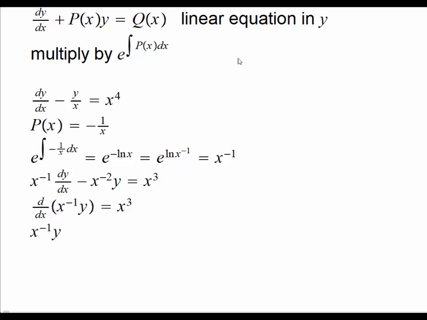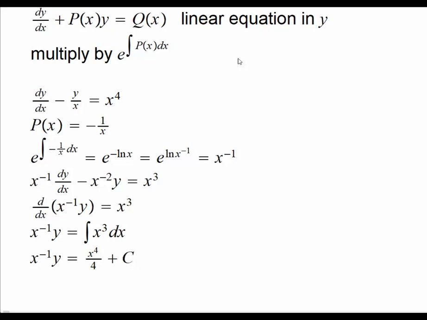On the left hand side, the antiderivative would be this, and on the right hand side it will be x cubed dx, which gives us the solution as x to the negative 1 y equals x to the 4 over 4, plus a constant.